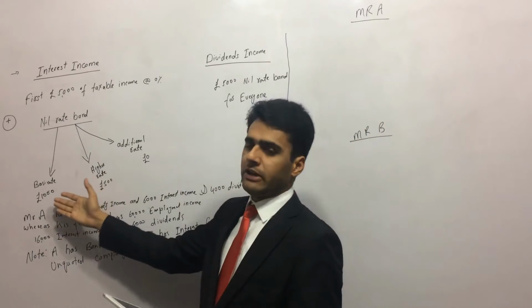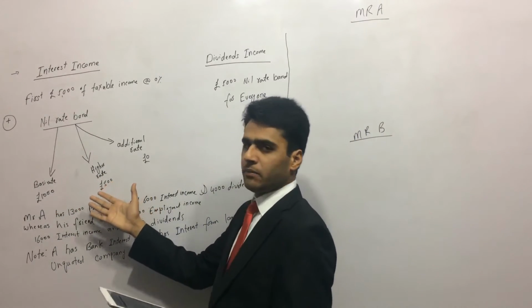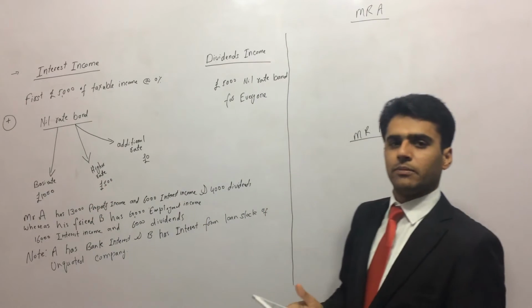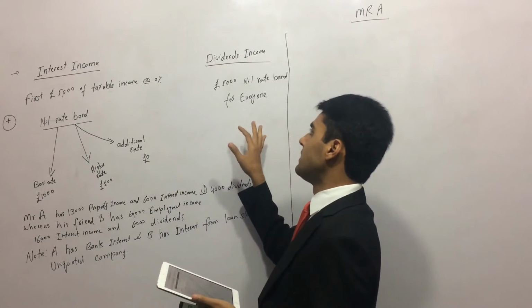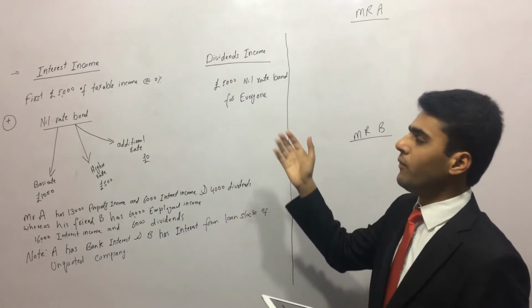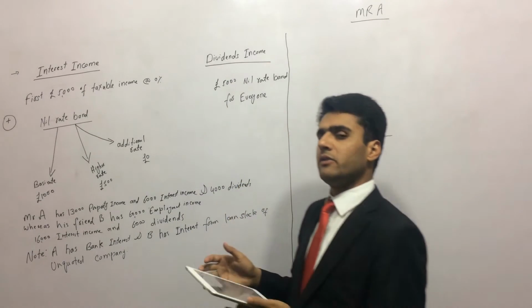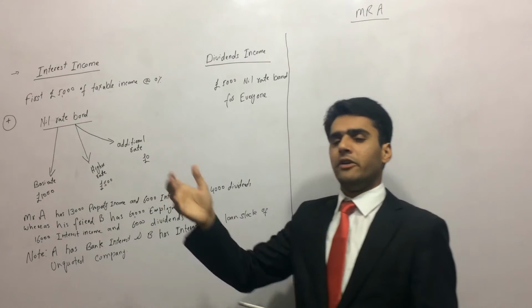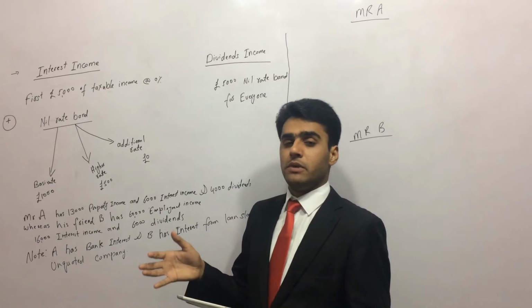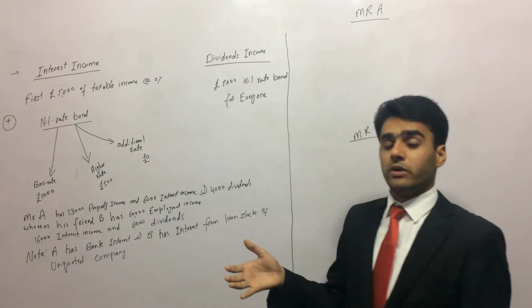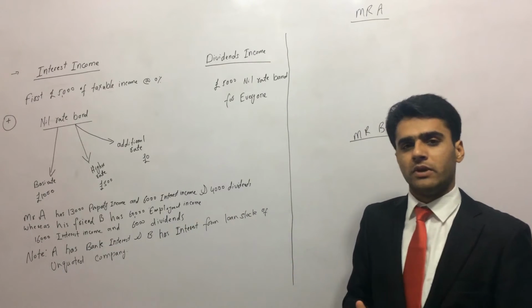Even if you are a basic rate taxpayer, higher rate taxpayer, or additional rate taxpayer, it doesn't matter. Even if you are an additional rate taxpayer, you will still get £5,000 of nil rate band in the dividend section. Say for example, you had £150,000 of salary and you were getting some dividends as well, say £10,000 of dividends.